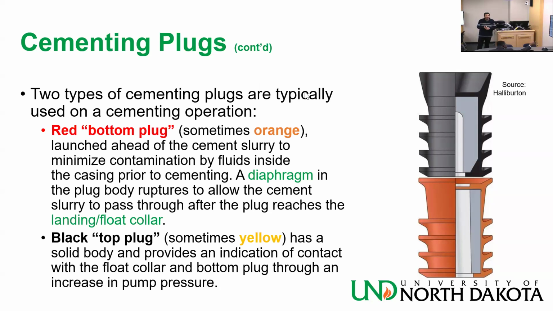No, you are saying that the red, that's where the diaphragm is very fragile. If you put a pressure above it, it breaks. And that is where the cement slurry passes through to the down, and then now inside the casing, between the casing.